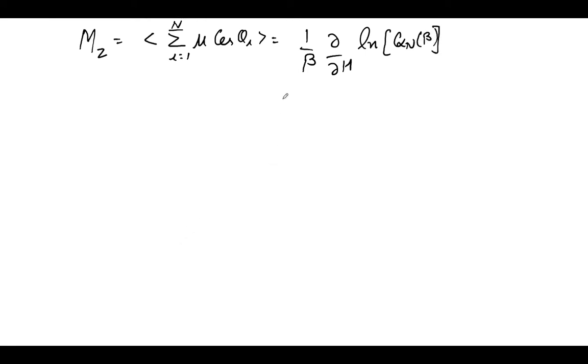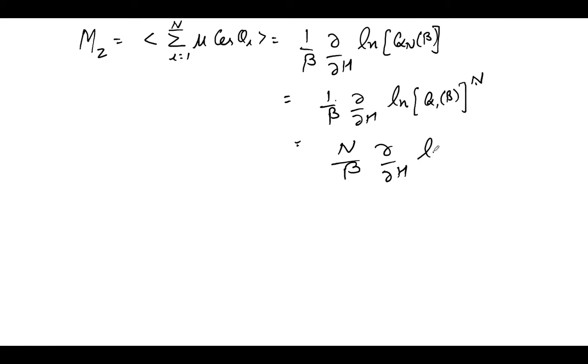So this we can also write as 1 over beta, partial derivative with respect to h, of log of Q1, the partition function of one dipole, raised to the power n. This n comes in front of the logarithmic value, so we can write it as n over beta, partial derivative with respect to h, of log of Q1 of beta.